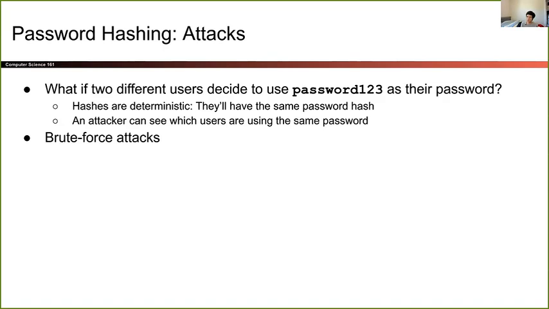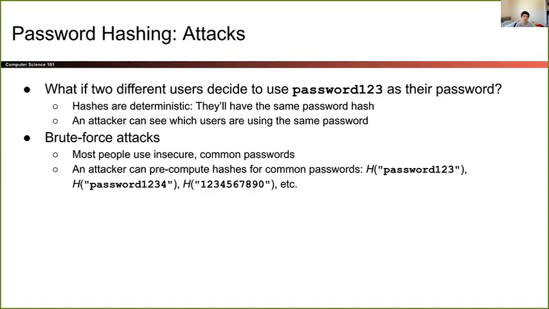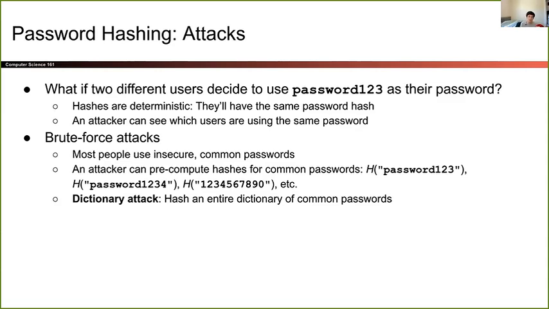This points to something called brute force attacks, which we've talked a little bit about before. But in these situations, what we're saying is most people use insecure and common passwords. And the attacker can really just compute all the hashes for common passwords and store them in a dictionary somewhere. So when we do that, that's called a dictionary attack. The attacker can just hash all the common passwords that exist.